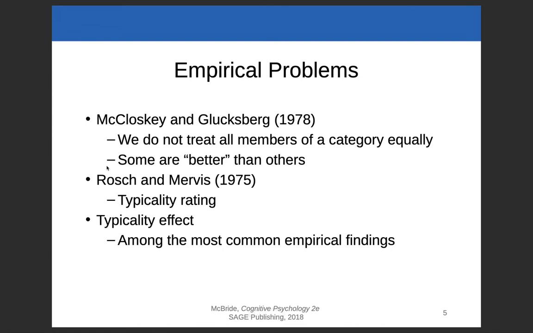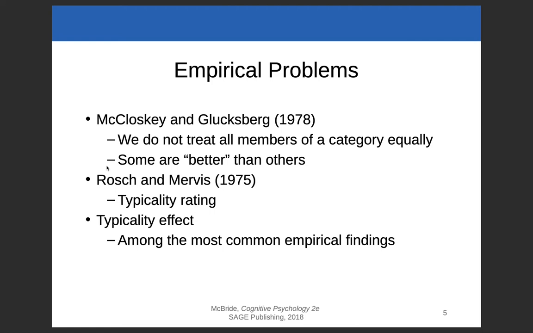Other types of empirical work looked at how people form and use categories. McCloskey and Glucksberg in 78 reported that we do not treat all members of a category equally. As a matter of fact, there are some members of a category that are better members than others.